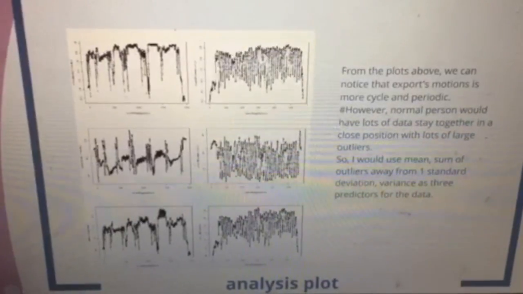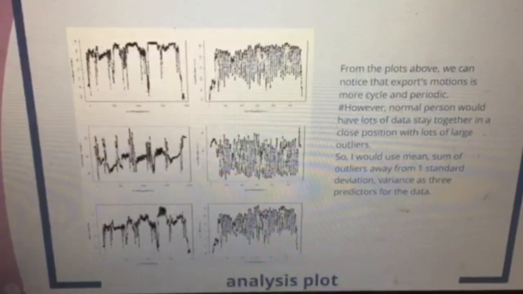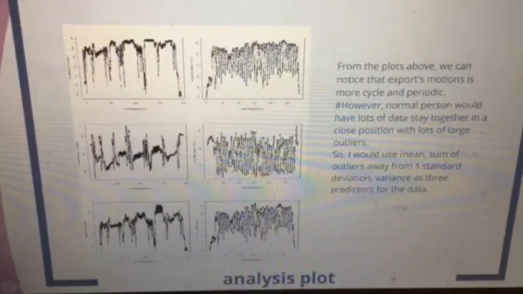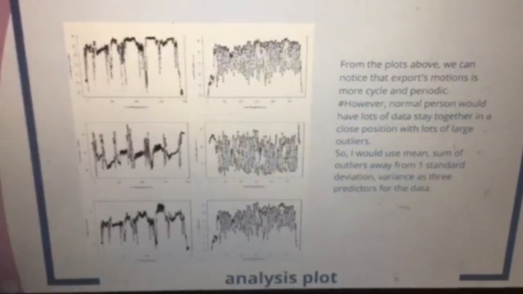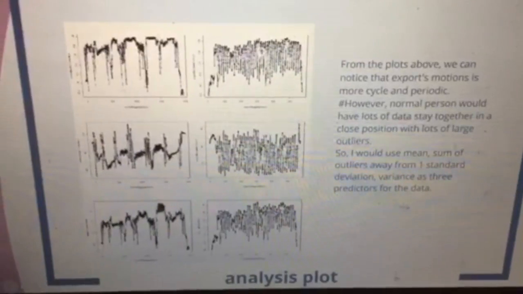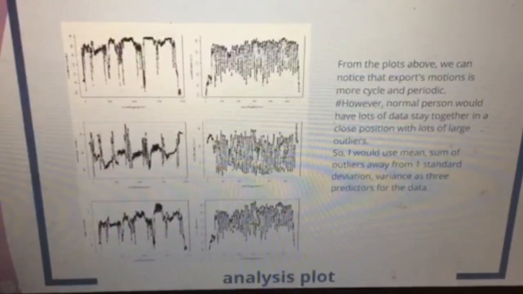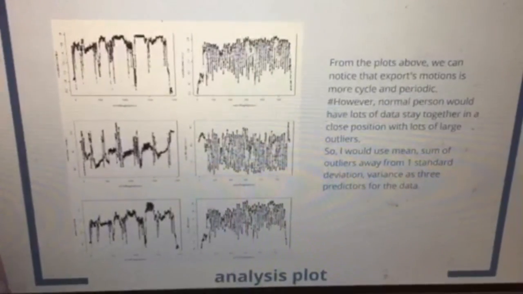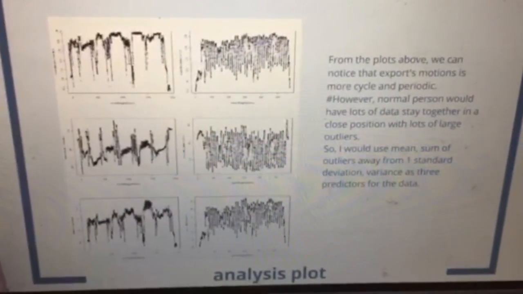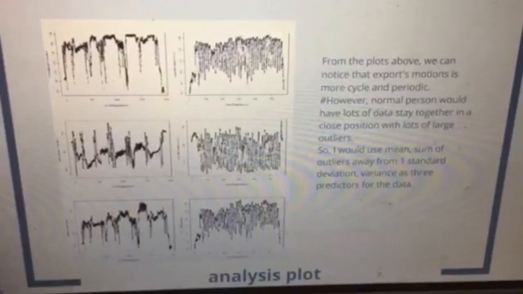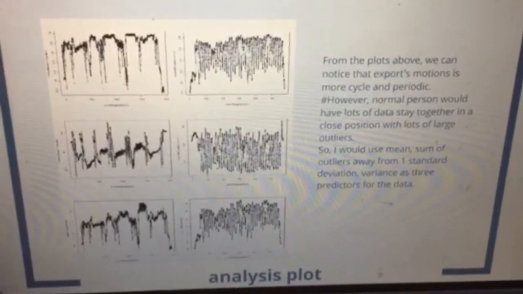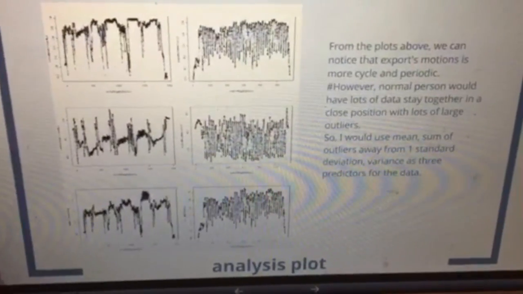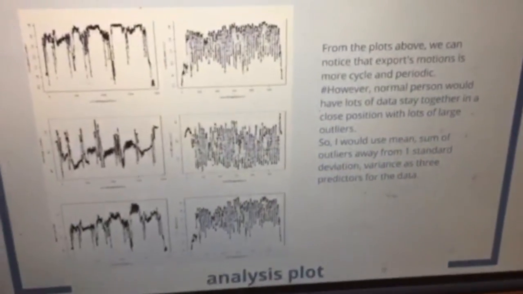From the plots above, we can notice that the expert's motion is more cyclic and periodic. However, a normal person would have lots of data staying together in a close position with lots of large outliers. So I decided to use the mean, the sum of outliers away from one standard deviation, and the variance as 3 predictors for this data to create a classification tree and do a prediction.